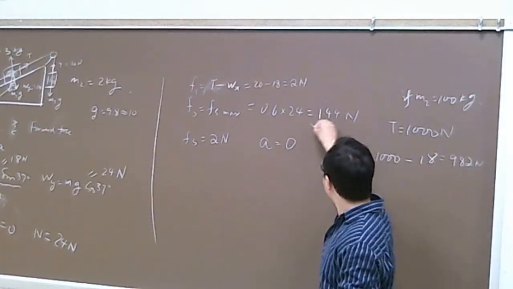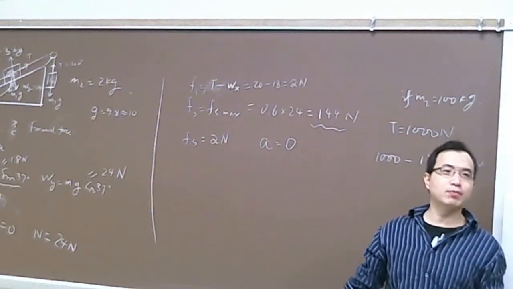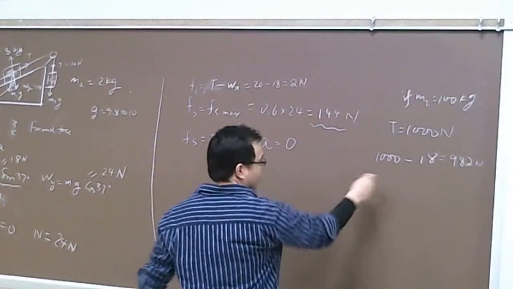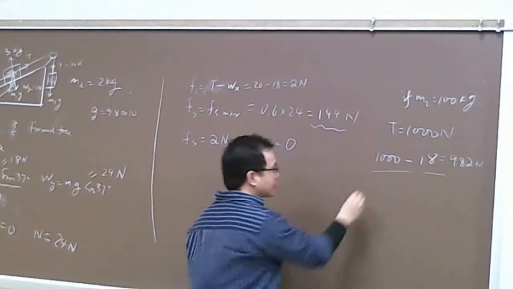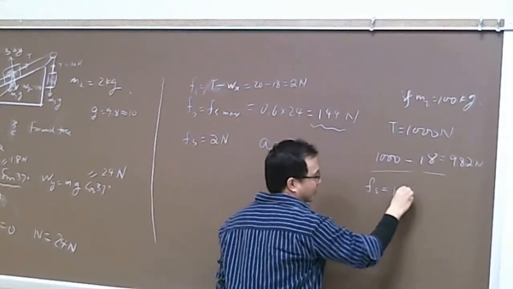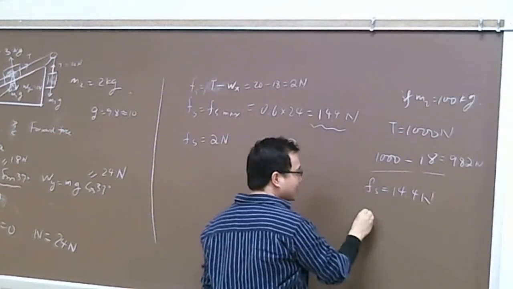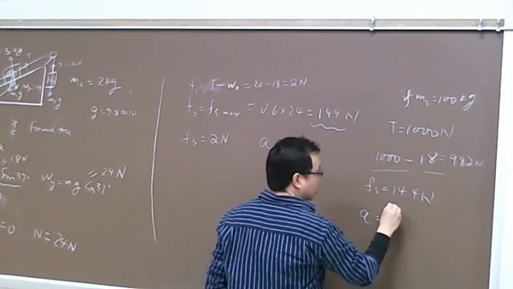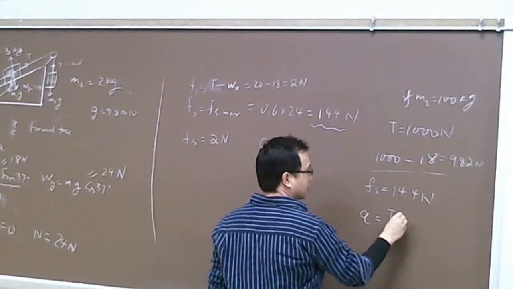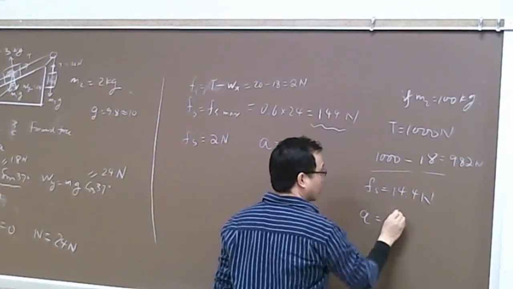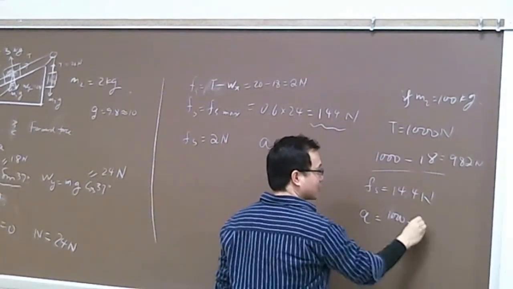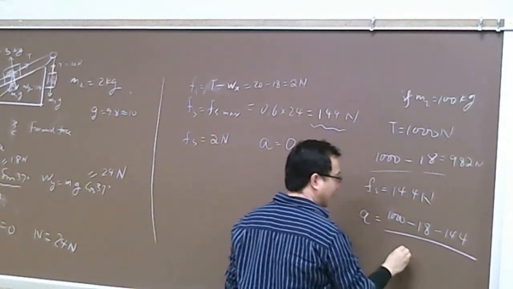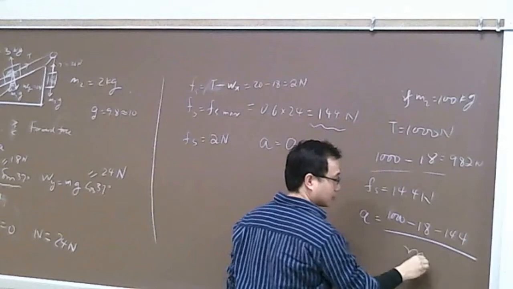You need 982 Newton frictional force to stabilize it, but of course you can have only 14.4 Newton frictional force. So in this case, the static frictional force will be exactly 14.4 Newton, and the acceleration will be calculated by this tension T, which is 1000, minus this 18 and minus this 14.4, divided by the mass M1.